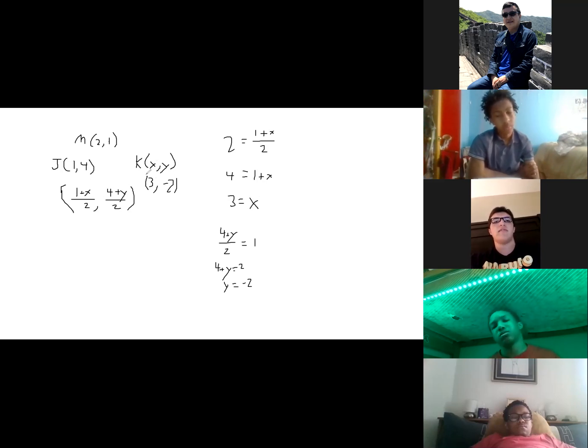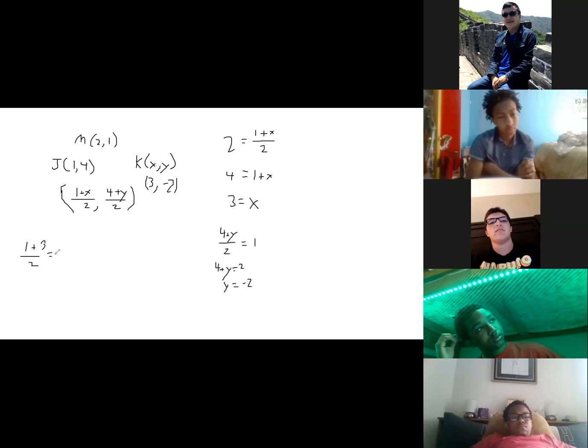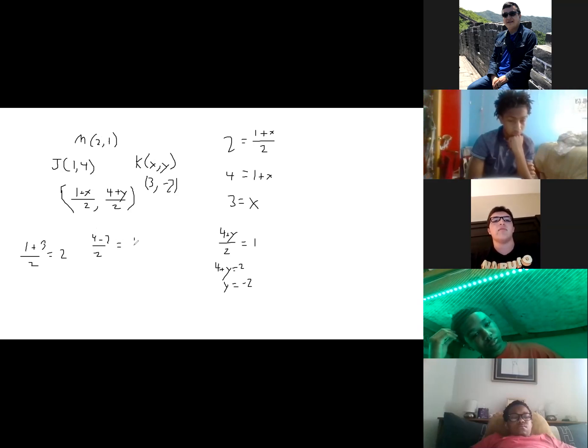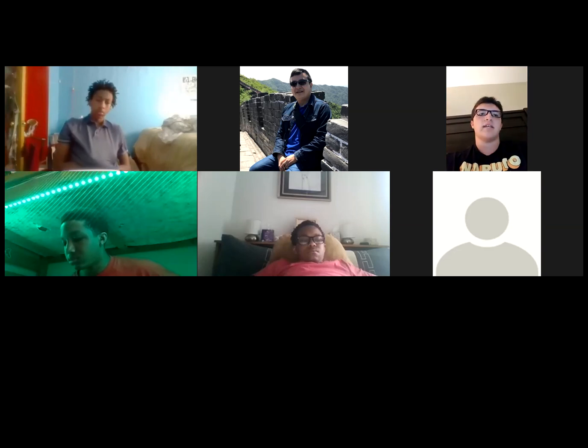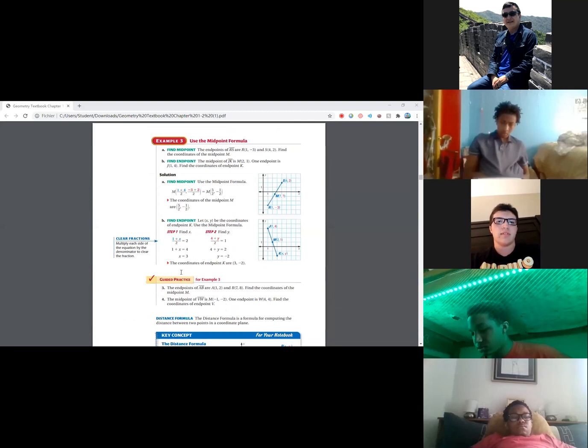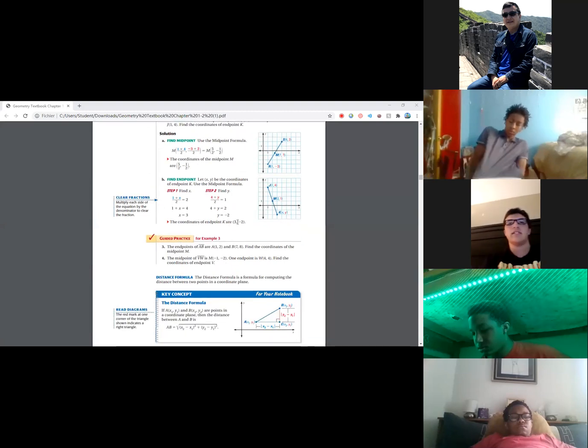We can also verify by using the midpoint formula: 1 plus 3 over 2 is equal to 2, which is the x-coordinate of the midpoint, and then 4 minus 2 over 2 equals 1, which is the y-coordinate of the midpoint. So it works. And back to the textbook, it says the coordinates of endpoint K are 3, negative 2.